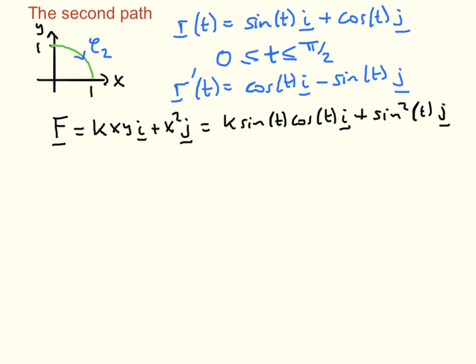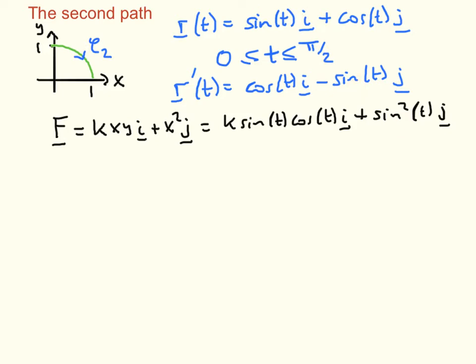So we've rewritten our vector field in terms of the parameter t, and now we have to take the scalar product of this and this, so that's going to give this times this, and then we add to it, but there's a minus sign from here, this times this.